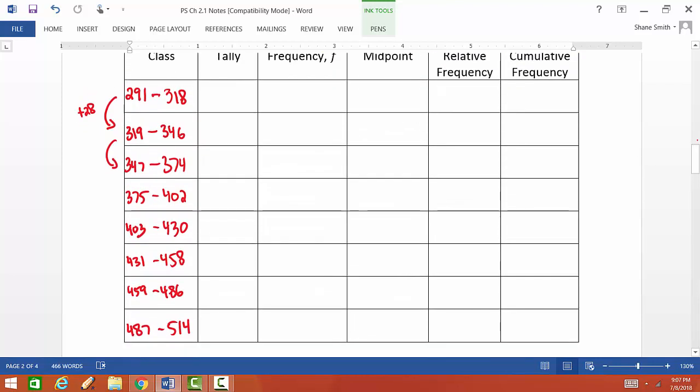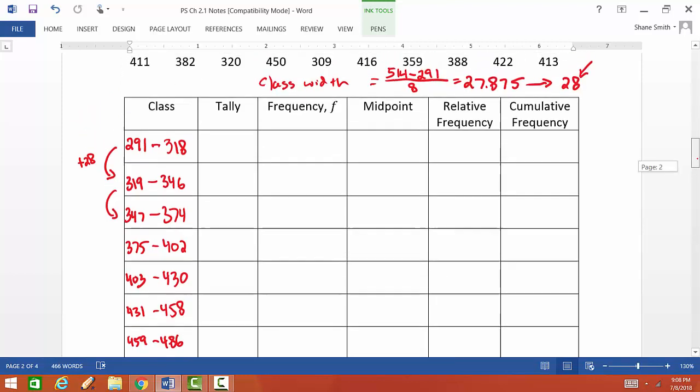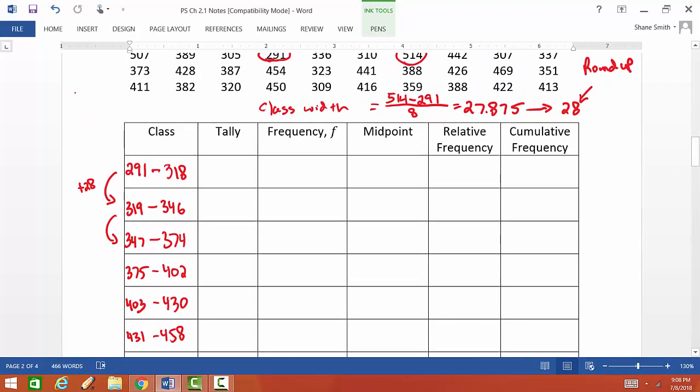Okay, so these are the classes now, and one thing I would like to point out is that the class width is 28, and that's because there are 28 numbers in each class. And you might say, well, Mr. Smith, there's not 28 numbers in each class, because if I take 318 and subtract 291, that's actually 27.